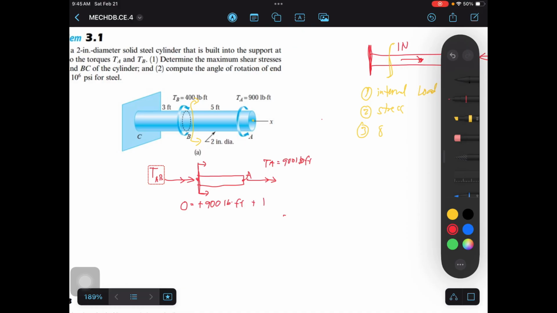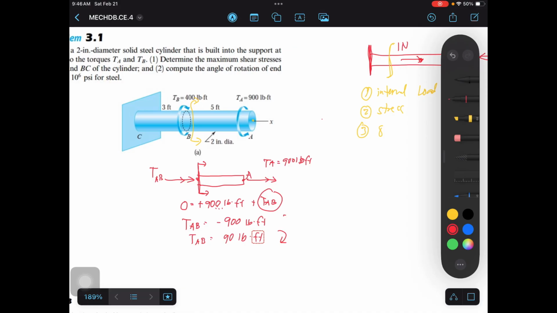To isolate TAB, ita-transpose mo to, so magiging negative 900 pounds-feet siya. Naka-negative siya kasi it means mali yung assumption ng direction natin for TAB. So, imbes na going to the right pala si TAB, it is 900 pounds-feet going to the left, and that means a clockwise rotation. So, ito yung TAB natin.